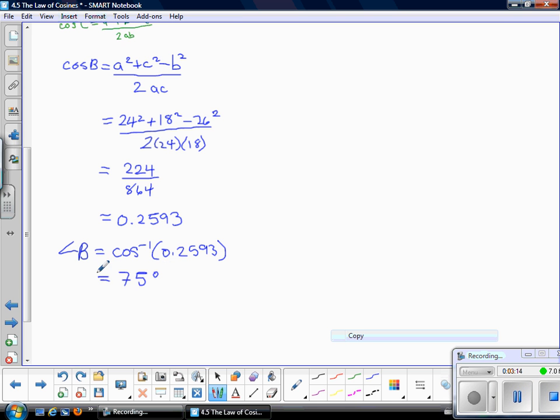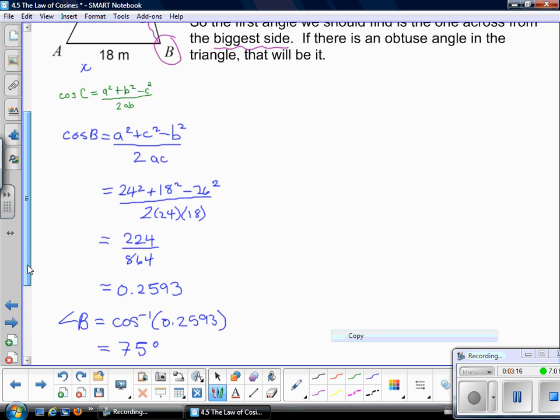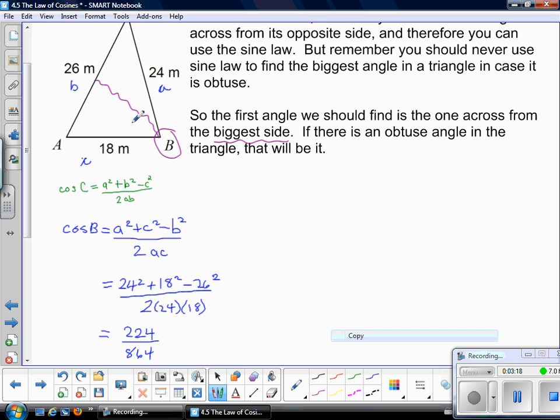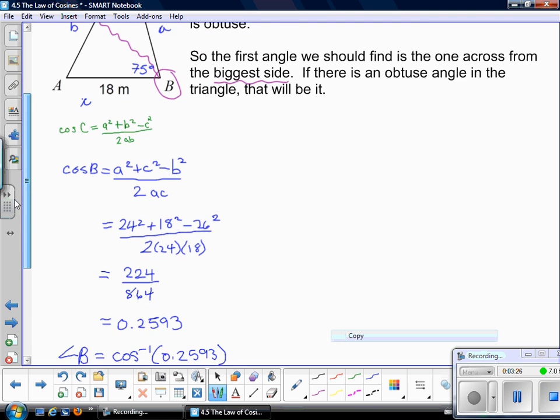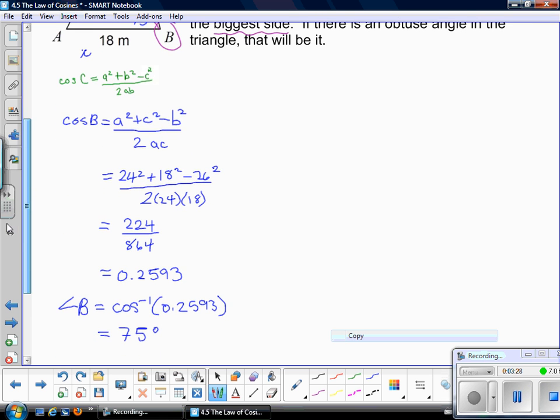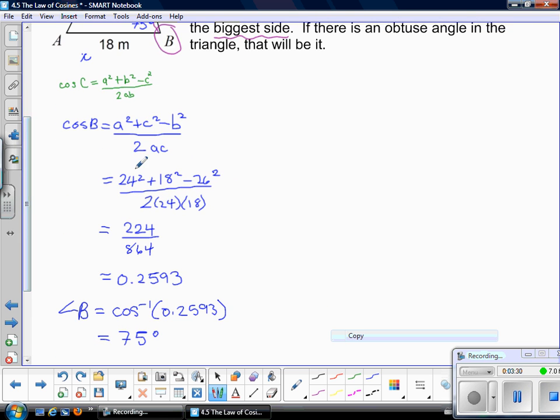Now, if I'm solving that triangle, I now know that B is 75 degrees. I need to find one of the other angles, but this time I don't have to use the cosine law. Could I? Yes, but the sine law is actually faster and less of a formula to deal with.